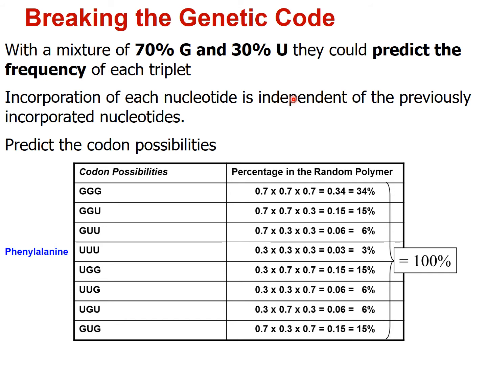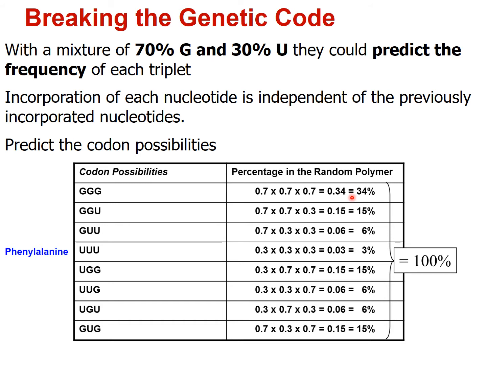So what are the possibilities? You have a 0.7, or 70%, chance of a G getting incorporated at a position. That's shown here. The chance of a G getting incorporated at the next position is also 0.7, and at the third position it will also be 0.7. These are all independent events, so you multiply them and you get 0.34, or 34%.